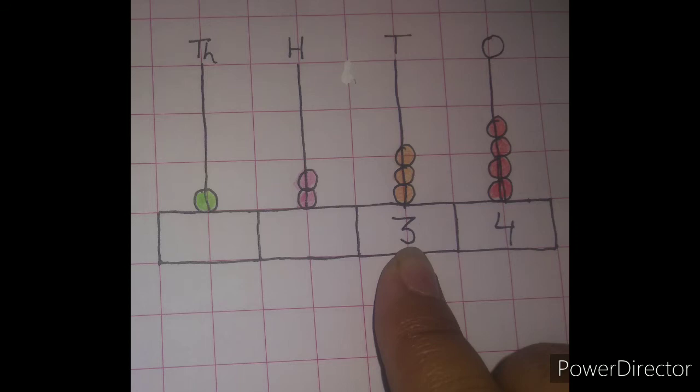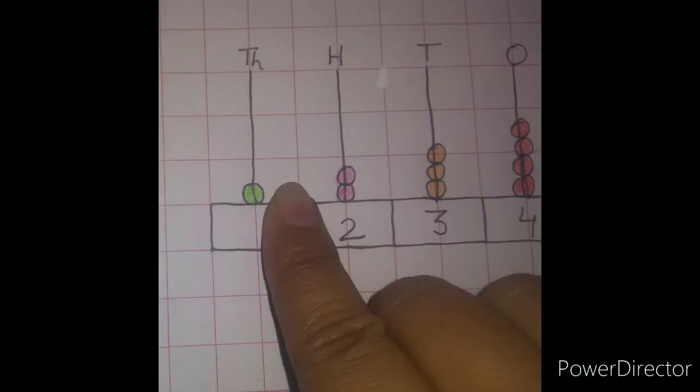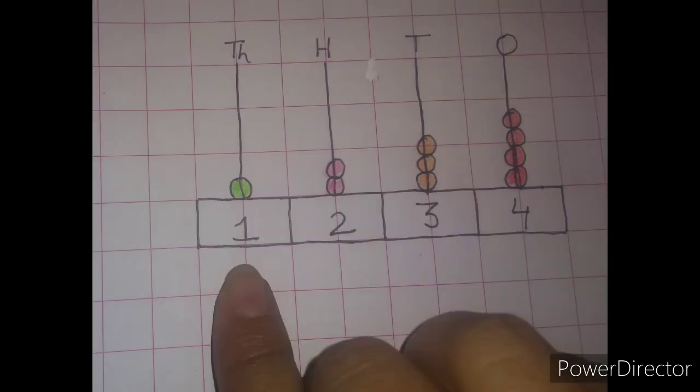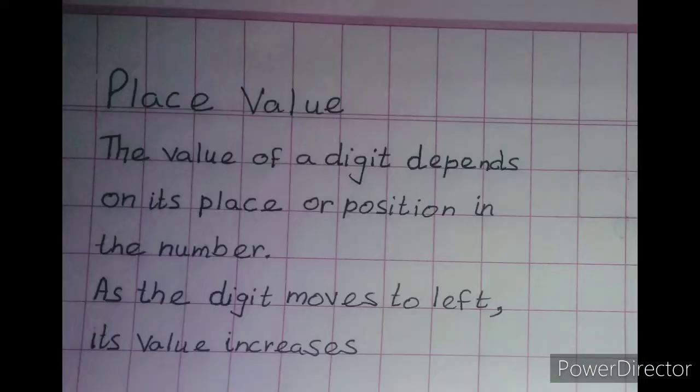Under 100 how many beads? 1, 2. We will write 2. Under 1000 it is only 1 bead, we will write 1 under the 1000 column. So now this becomes 1234.